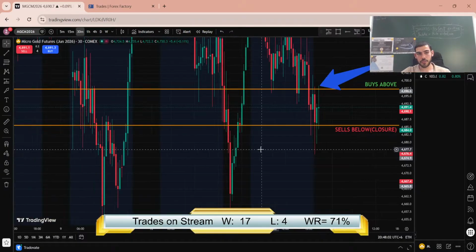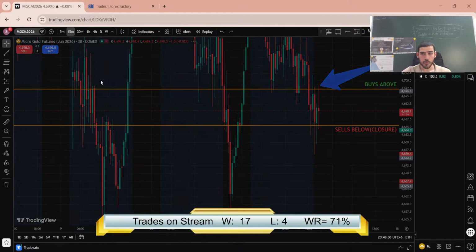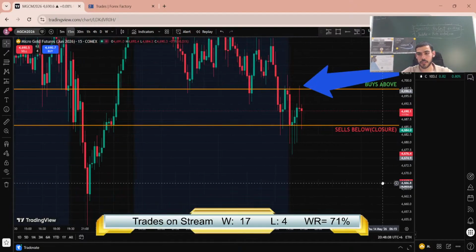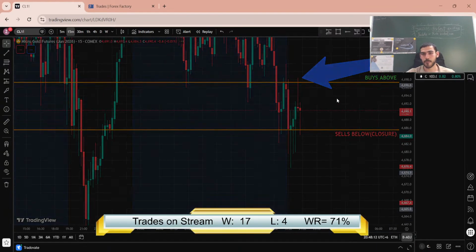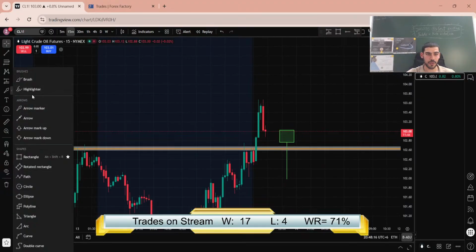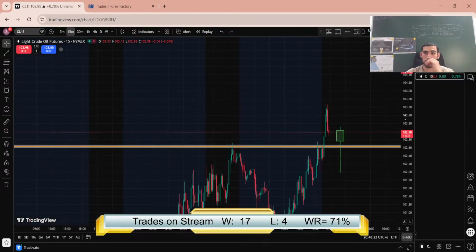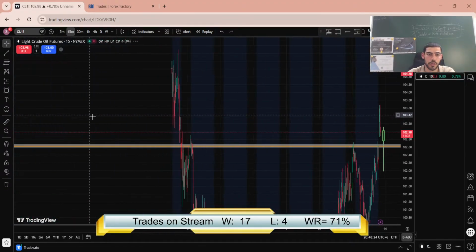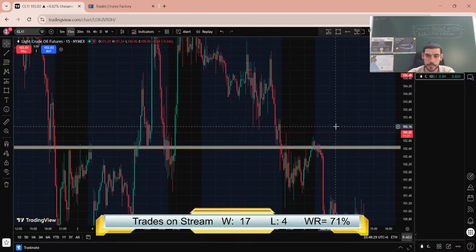Yeah, I think we should be careful actually. We should be careful with this. So I will wait for a confirmation for sure. I will not enter like that. Also oil, if oil closed like what I want, this closure, very A plus setup, I will be looking also for buys with a small risk on oil because it looks very good.